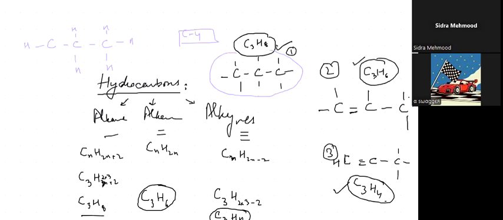So we were drawing this one, C3H6. When you are given the formula C3H6, firstly you draw the 3 carbons, and then 6 hydrogens: 1, 2, 3, 4, 5, 6.